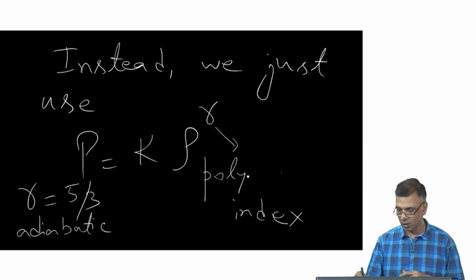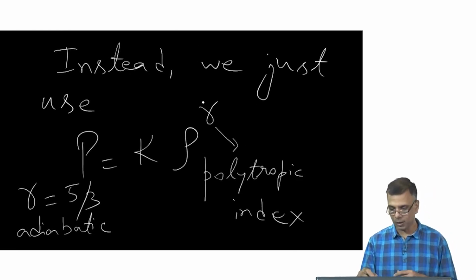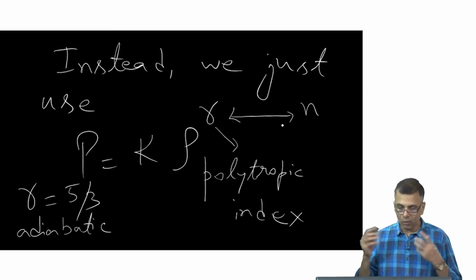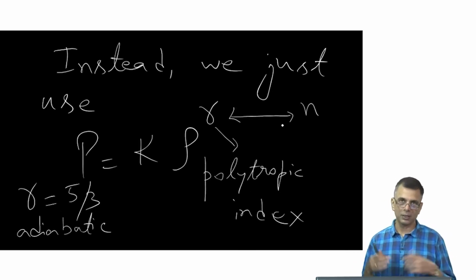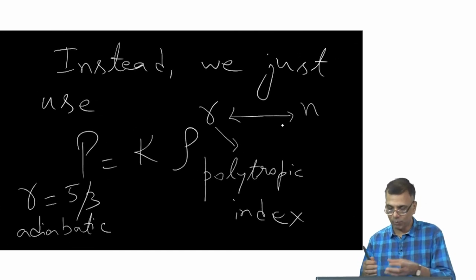Often the polytropic index is not denoted by gamma, it's denoted by n. So all the physics of energy generation or dissipation is encapsulated in this polytropic index.